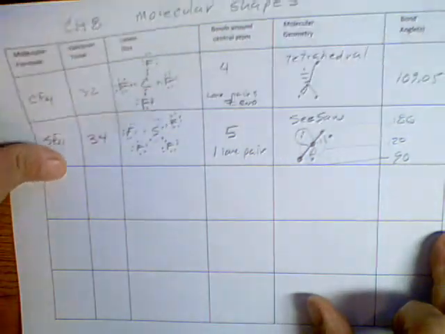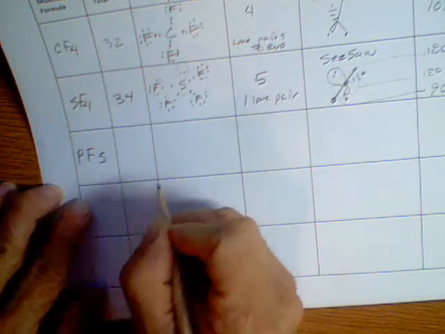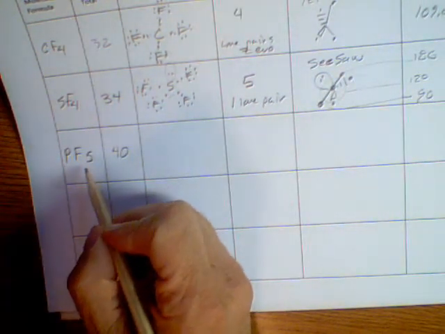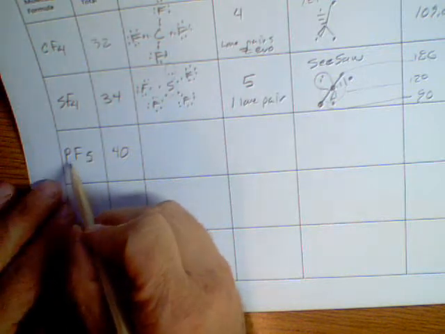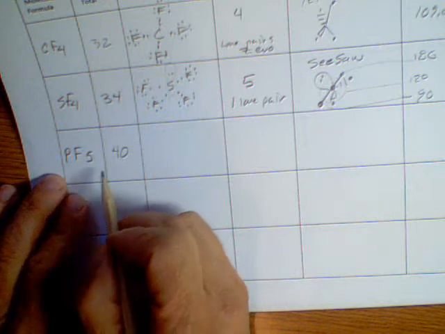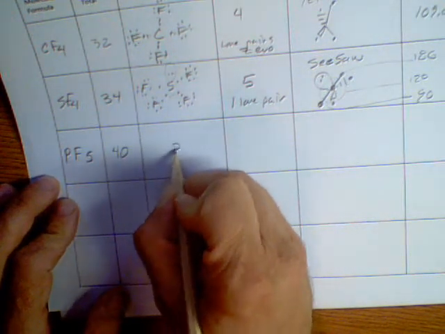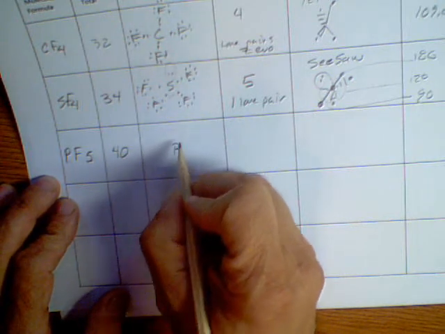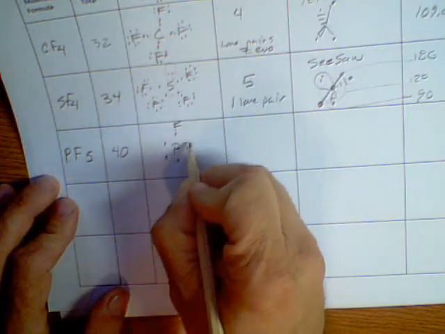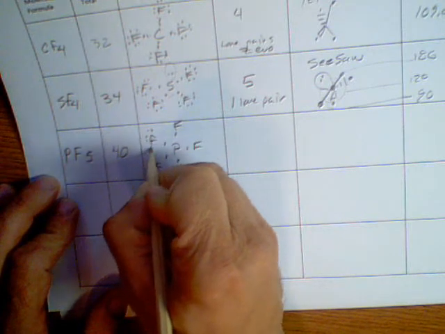All right. So the next one is PF5 for a total of 40 electrons. You'll have to count them up. We've got 5 for the phosphorus, and the fluorines have 7 each. 7 times 5 is 35, plus 5 is 40, and we have phosphorus in the middle with 5 electrons. 5 electrons conveniently want to share with the fluorines.